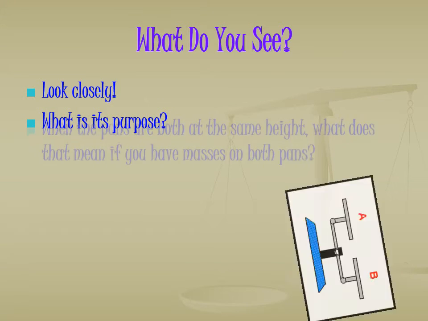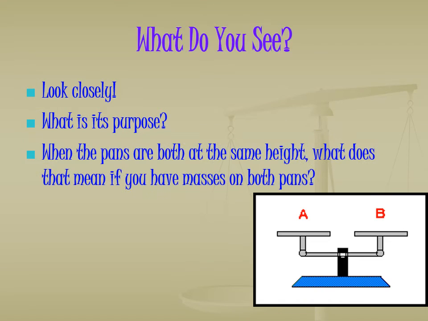So what do you see? We have a balance, and I want you to answer the question, what is its purpose? Why did I pick this picture with both pan A and pan B being exactly the same? When the pans are both at the same height, what does that mean if you have masses on both pans?